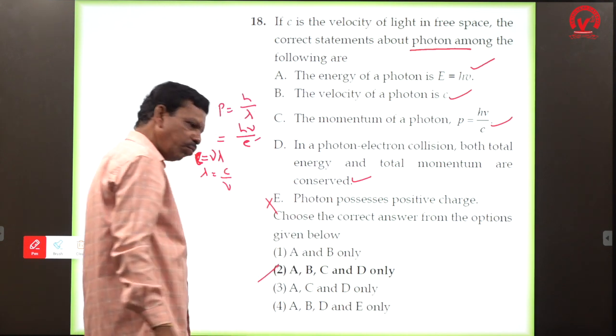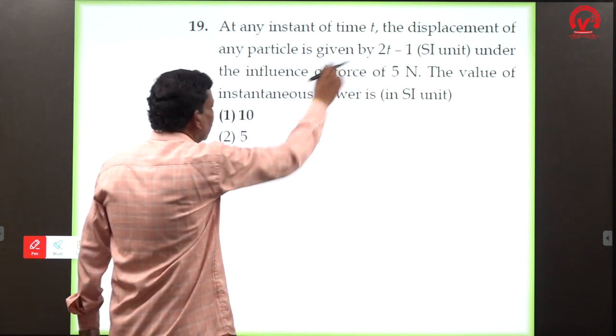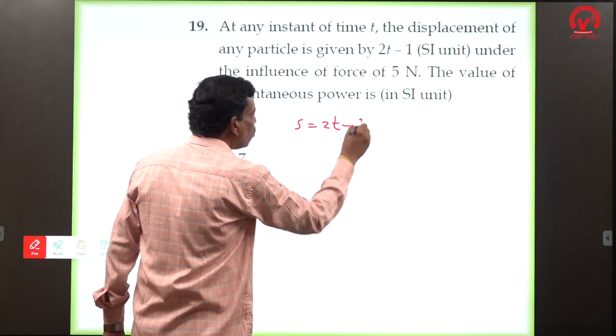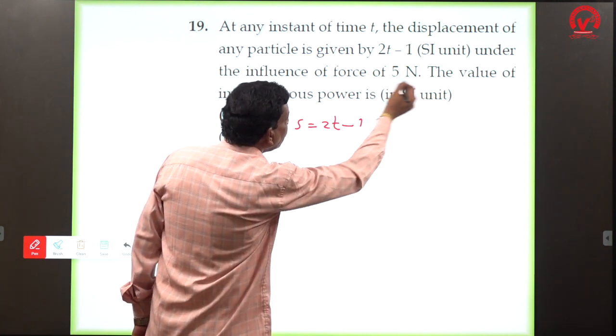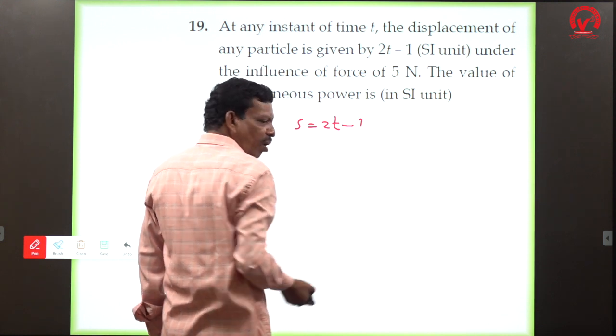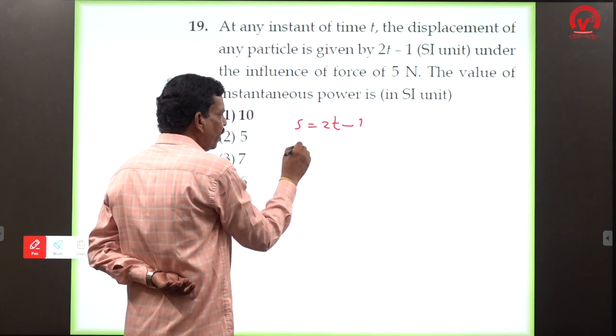So option number 2. At any instant of time, displacement S is equal to 2t minus 1 given, and force given. They ask instantaneous power. So power formula is what? F into V. So differentiate, what do we get?